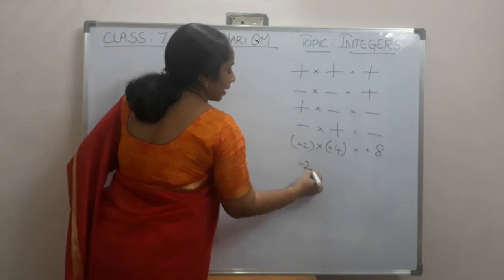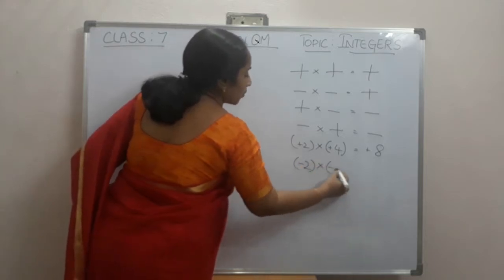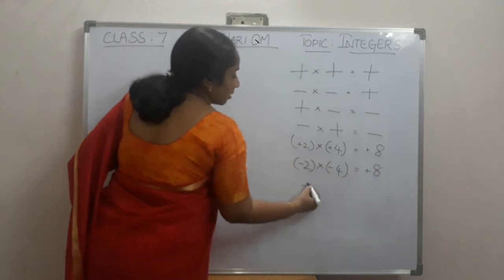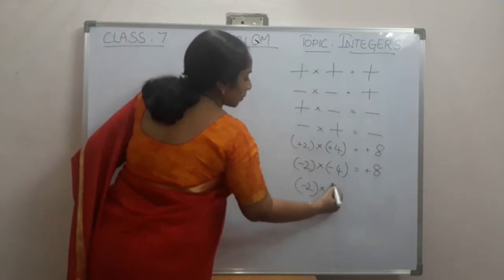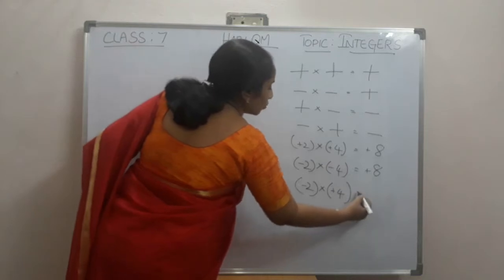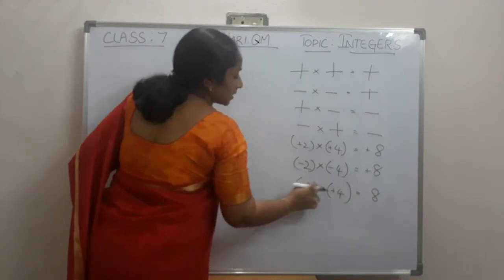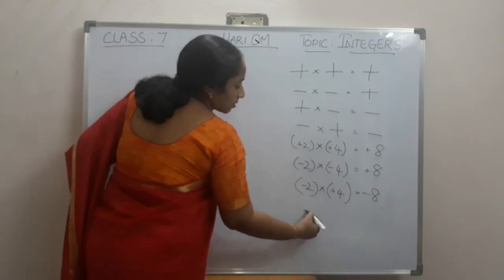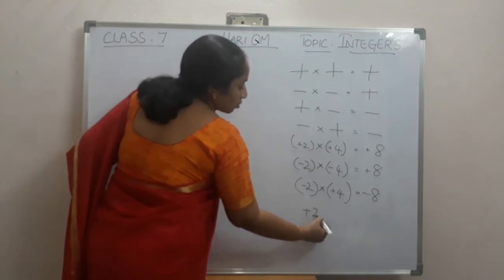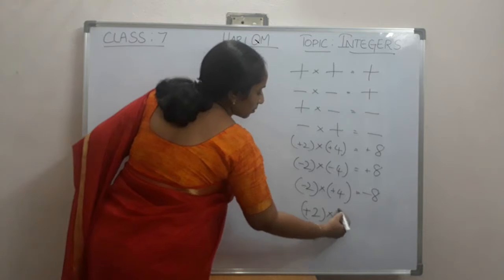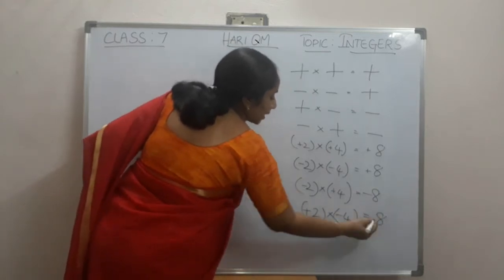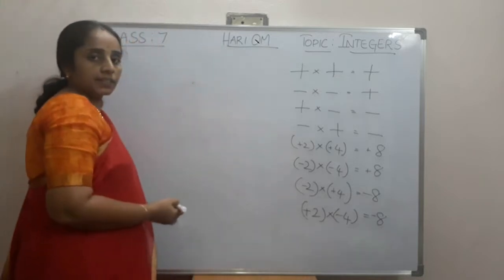In the same way, minus 2 into minus 4 is also plus 8. Minus 2 into plus 4: 2 fours are 8, minus into plus is minus. Plus 2 into minus 4: 2 fours are 8, plus into minus is minus.